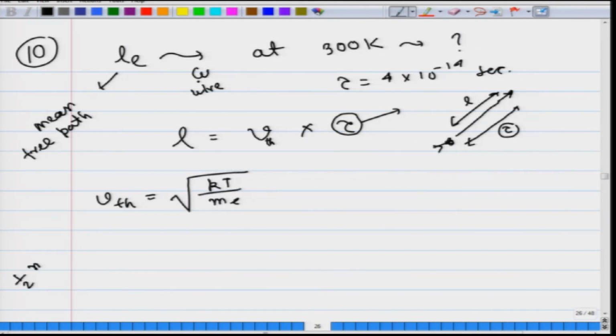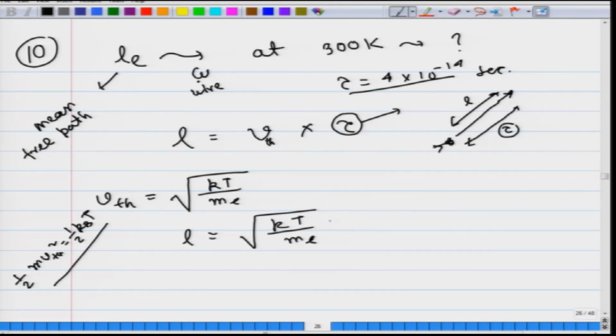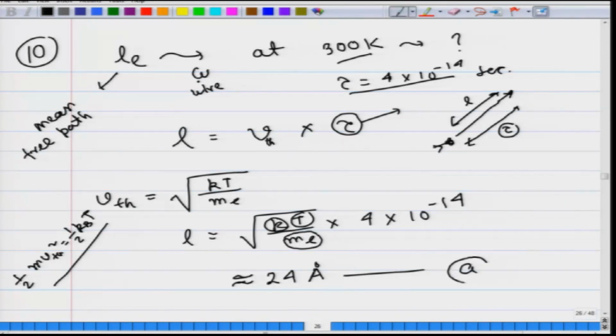We can get V thermal square equals half kBT, from there we can easily get V thermal, and tau is given here. So L will be root under kT by m e into tau, which is 4 into 10 to the power minus 14. We know the value of the mass of electron, k value we know, T is given as 300 Kelvin. So just by putting the values we will get approximately 24 angstrom, option A.